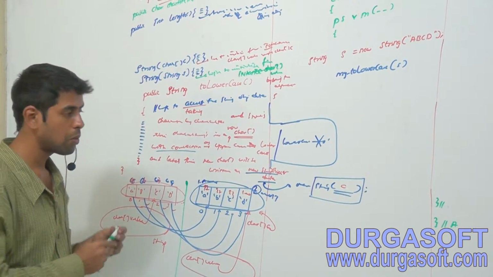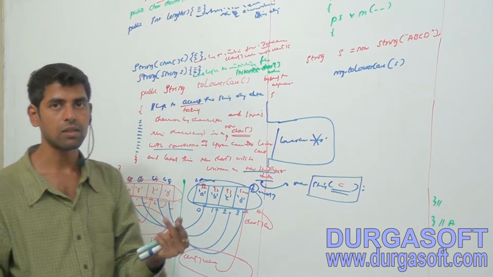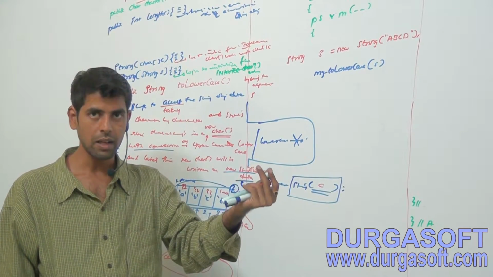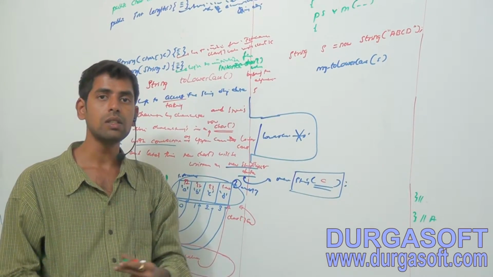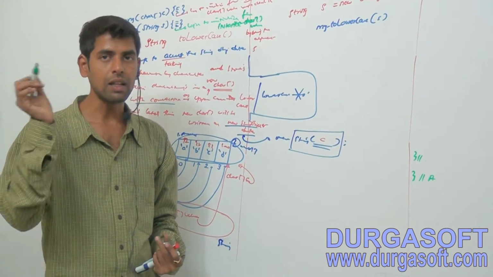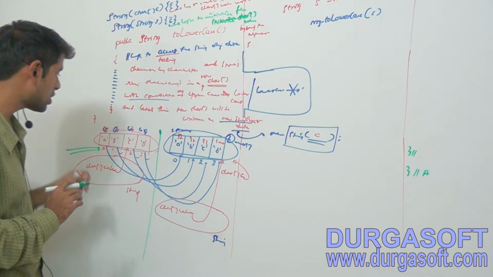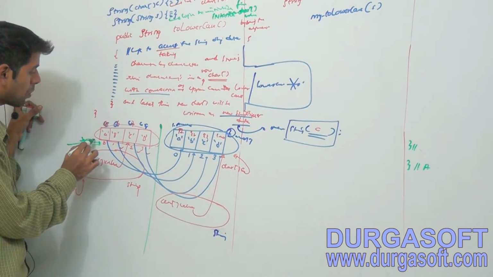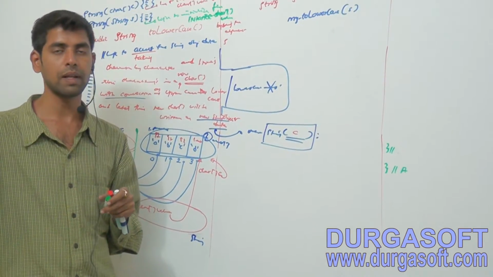And one small important thing: whatever the array, byte array, short array, int array, char array, long, float, double, or a user defined data type array, the index value always starts with 0, whatever the programming language, like Java, C, C++, any programming language.